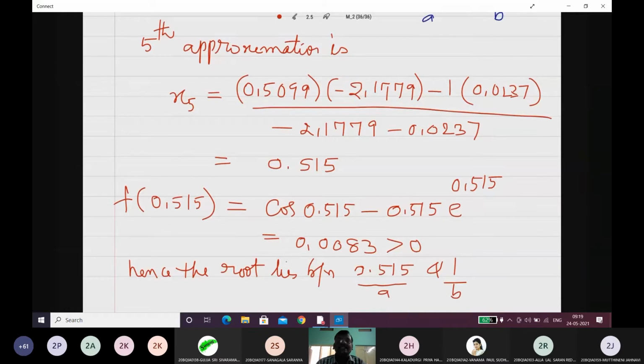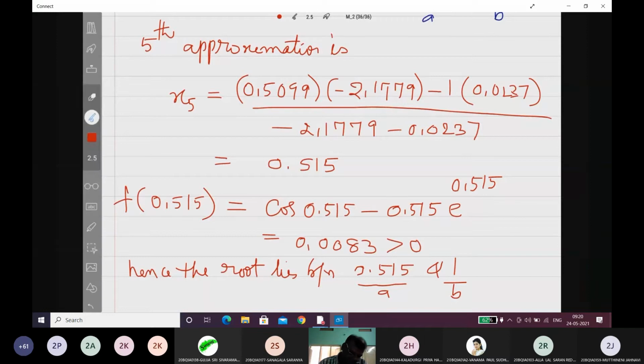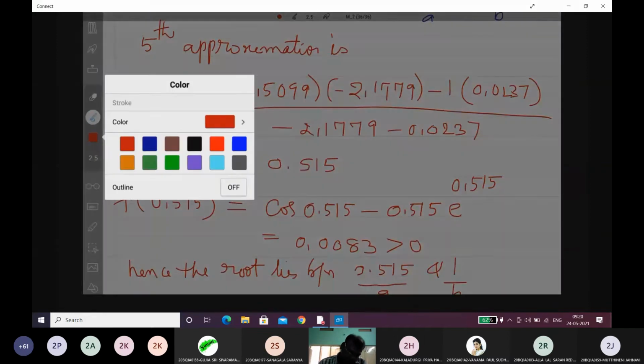Again, the sixth approximation is, shall I change the slide?